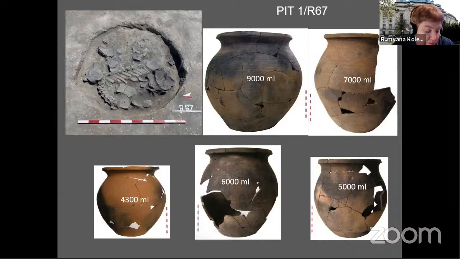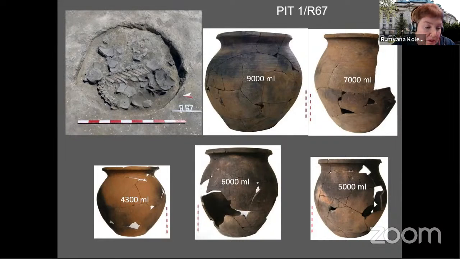Their capacity, only large jars and a storage jar, supports the idea. However, there is no explanation for the lack of attempt to reach and extract the preserved products, for after such an action, the bones would have hardly remained in anatomical order.